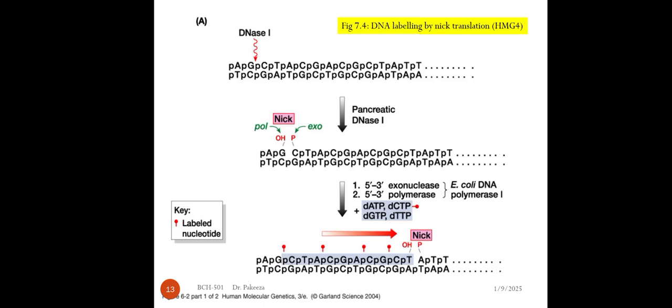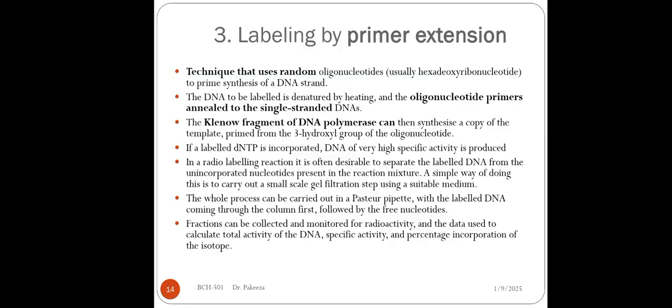So just like a bulldozer, whichever nucleotide is coming in front of it, it will take it out, and as a result the gap will keep on generating, which will be filled via the polymerization activity of the same enzyme in the 5' to 3' direction. And what will happen at the end? One nick will remain, and that nick will be sealed with the help of DNA ligase.